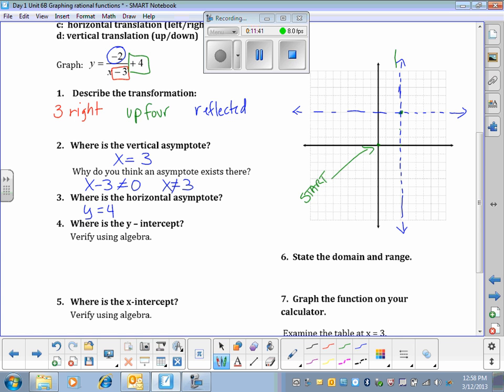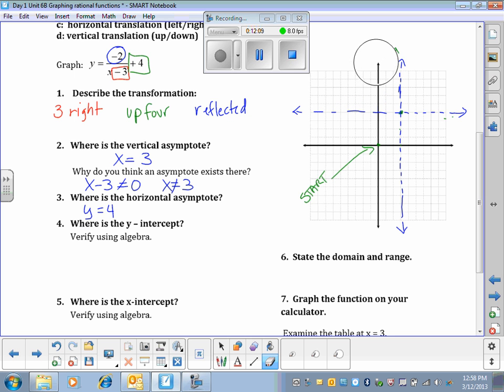So my graph, sketching it, is going to look something like this. Might be a little deeper, meaning that it goes a little closer. It's in the 2 quadrant because it reflects.